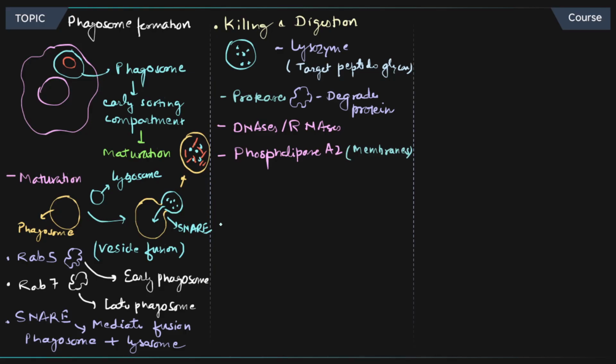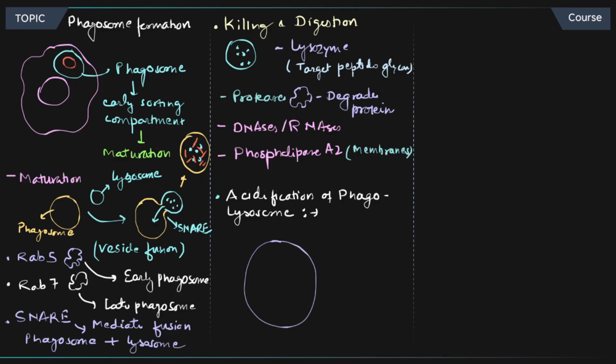And then further, another important process that happens is acidification of the phagolysosome. When there is the fusion of phagosome with lysosome, it becomes phagolysosome. And then the pH will be significantly dropped inside that particular structure. So let's assume that this is the phagolysosome, and you have vacuolar proton pumps.